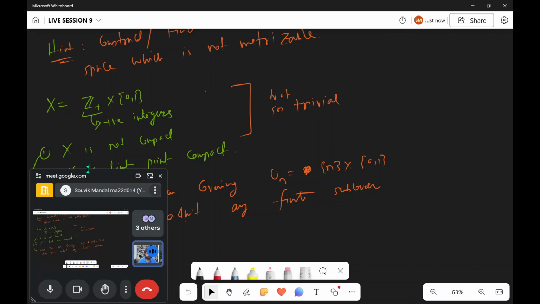This open cover does not admit any finite subcover. So that's why this is not compact.